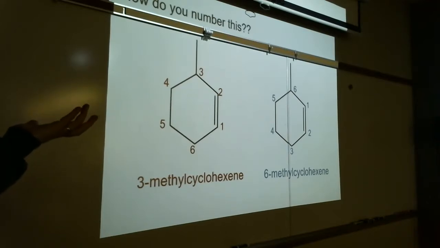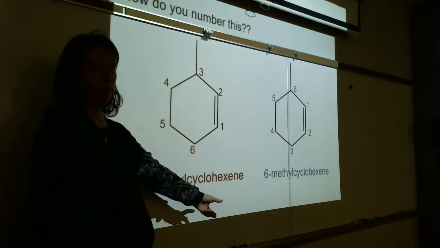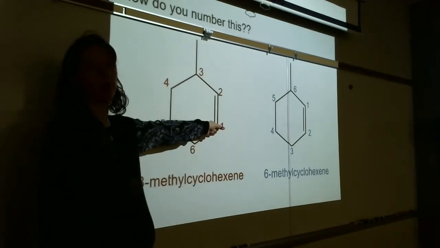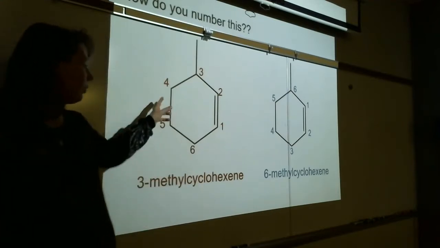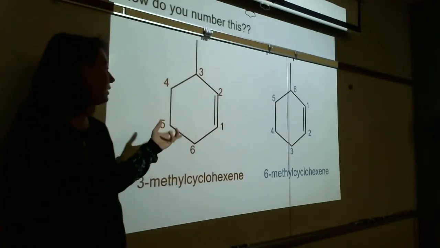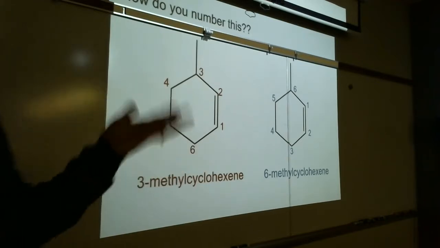The obvious choice is which one, left or right? One on the left, right? Now, why is it not 3-methyl-1-cyclohexene? Because by default, that's where the carbon number 1 is, right? You don't need to put the 1. Now, if there were 2 double bonds, yes, you would definitely need to put that. 1, 2, or 1, 4, or whatever.